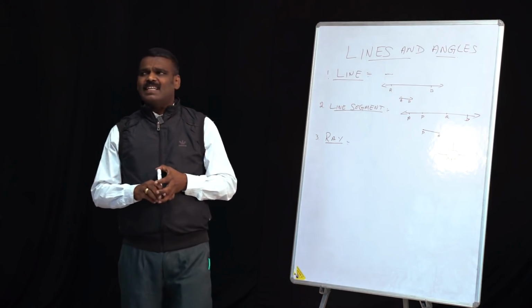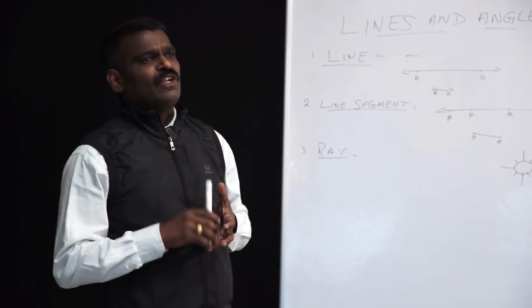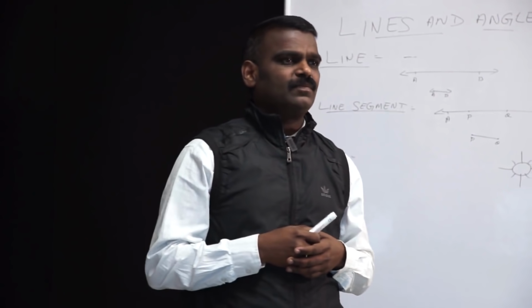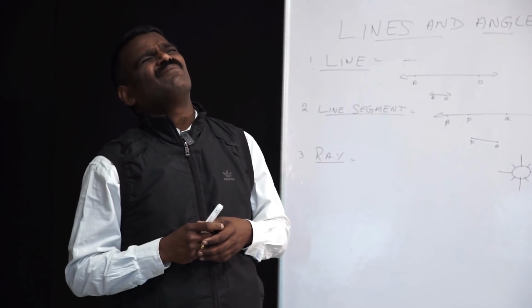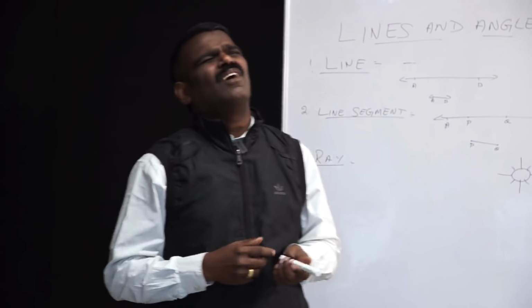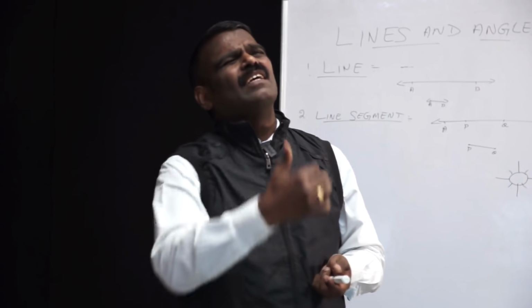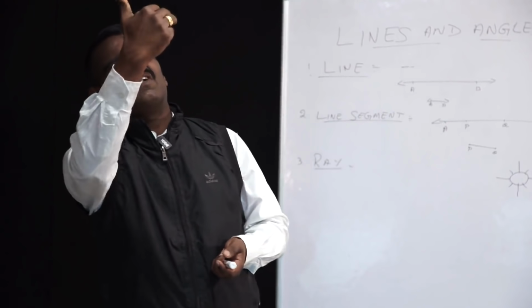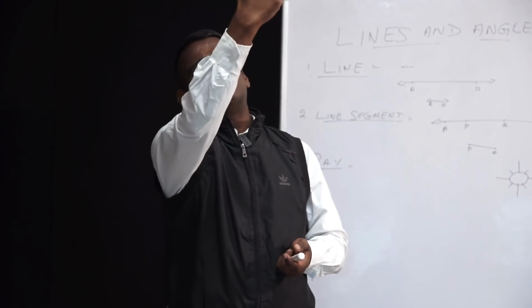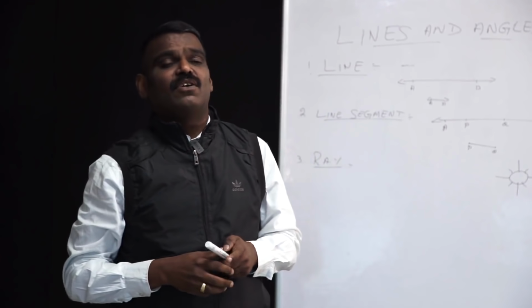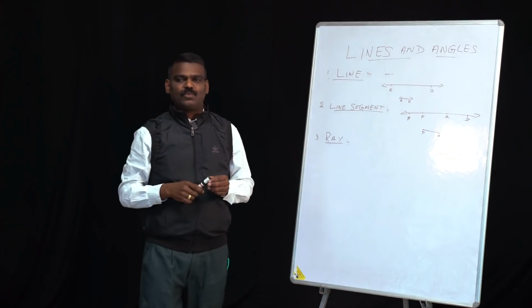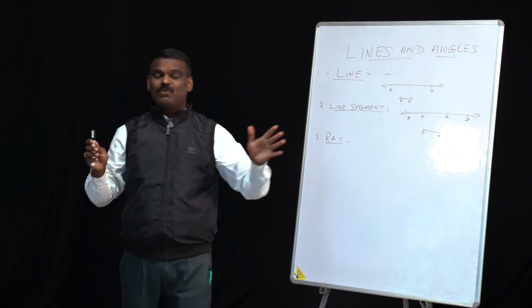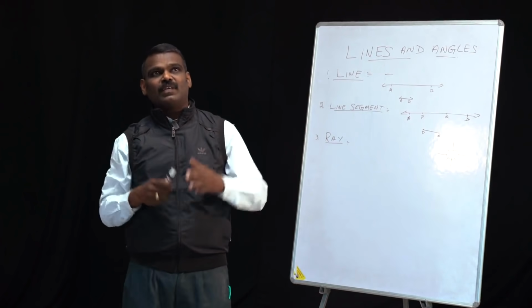On a sunny day, when you look at the sun with one eye closed, what do you feel or what do you see? Plenty of rays are coming to hit your eyes, right, from the sun. Do you have the experience like that? Yes, we all have. Sometimes when we are small, we used to play on the ground like that.